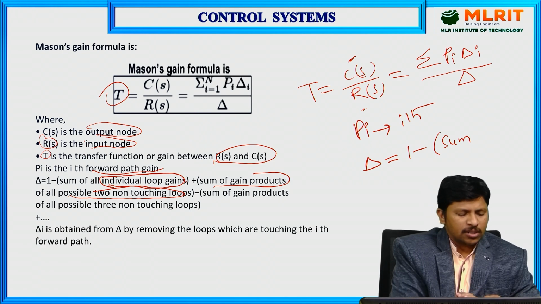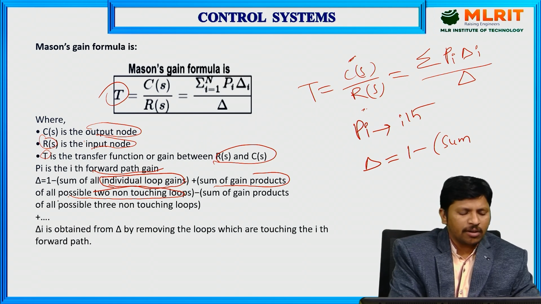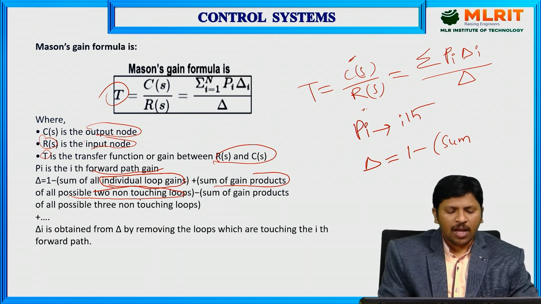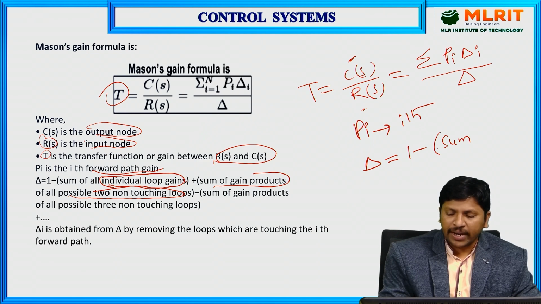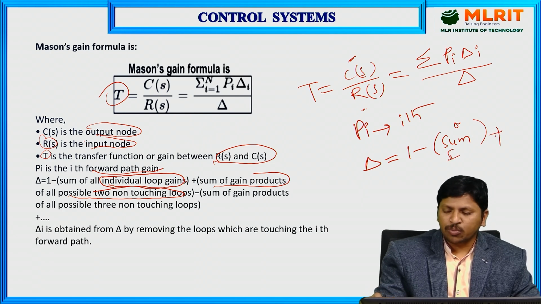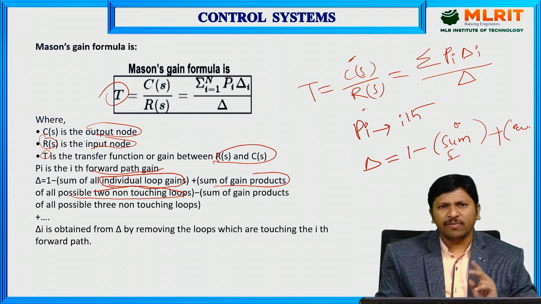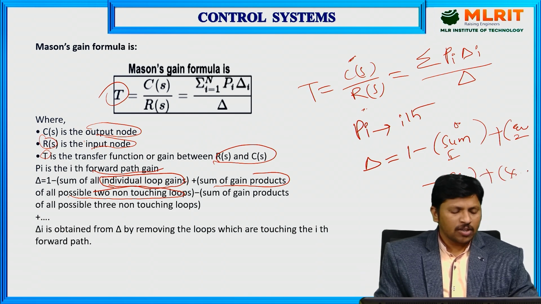To remember it simply: delta equals 1 minus the sum of all individual loop gains, plus the sum of gain products of all possible two non-touching loops, minus three non-touching loops, plus four non-touching loops, and so on. So it is easy to remember.